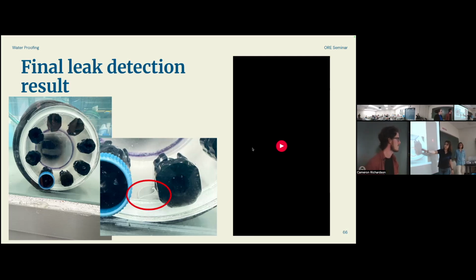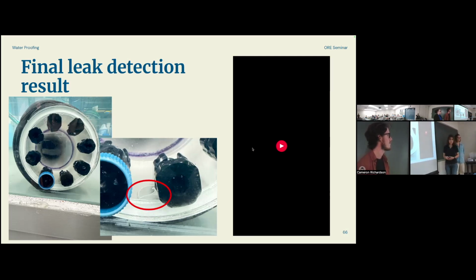So here we know that we have leakage from the epoxy glue, but we weren't sure whether we have leakage from the penetrator or not. So we decided to seal all around the plate with the hard putty to check if we have leakage from anywhere else.